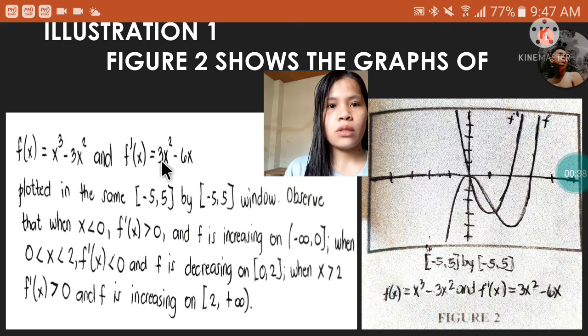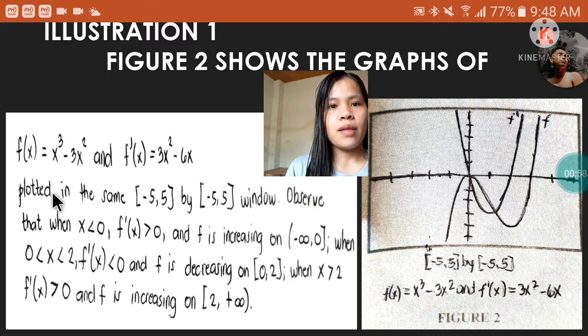The result is 3x squared minus 3 times 2, 2 times 3 equals 6x. This is the first derivative of x cubed minus 3x squared.